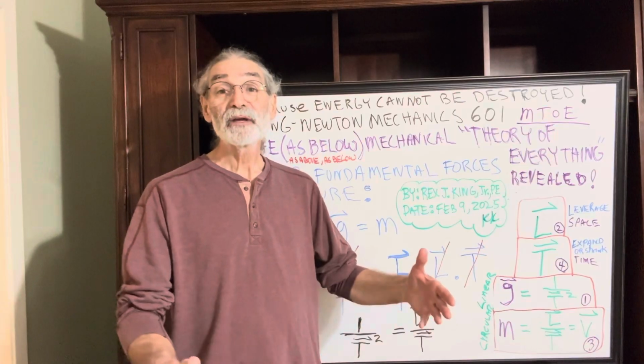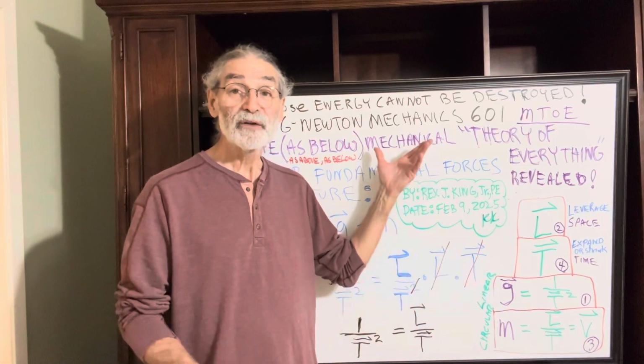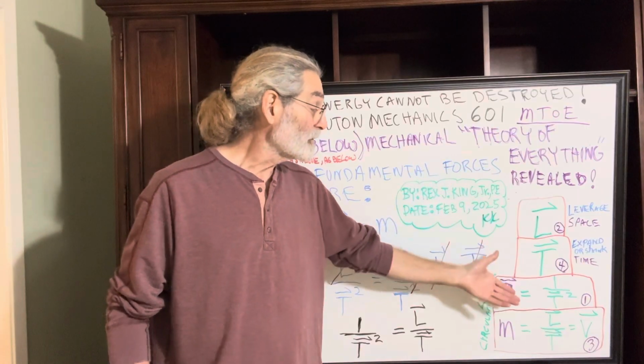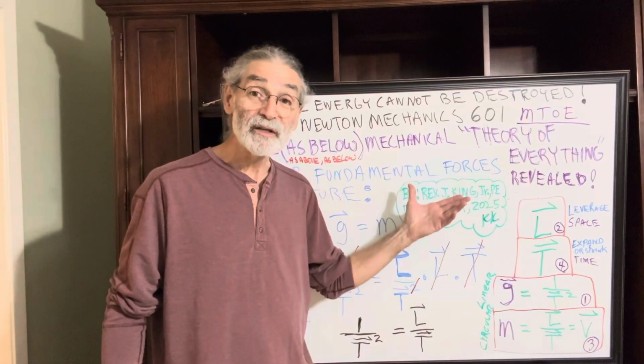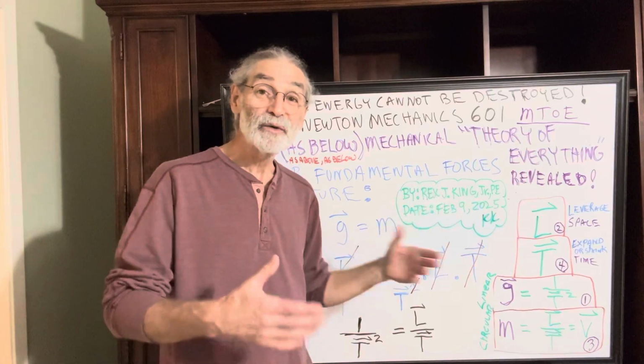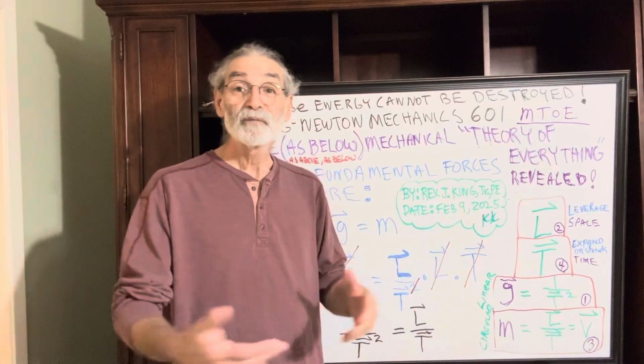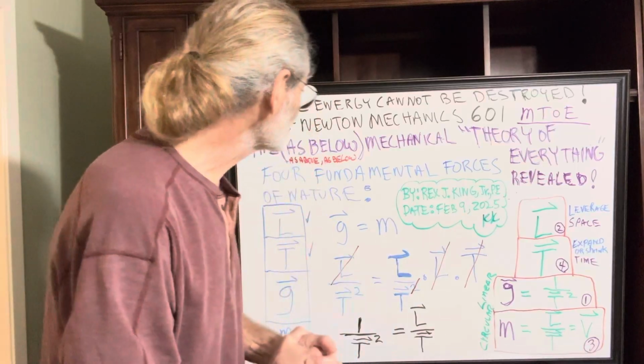For instance, a building or a structure today, we would use Newtonian mechanics, and I'm explaining the theory of everything using Newtonian mechanics. So it is the mechanics we use in our world today. And let me just get right into it.